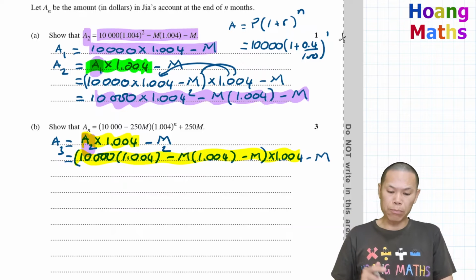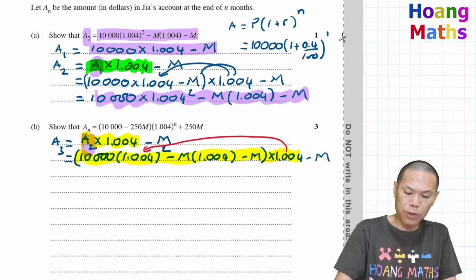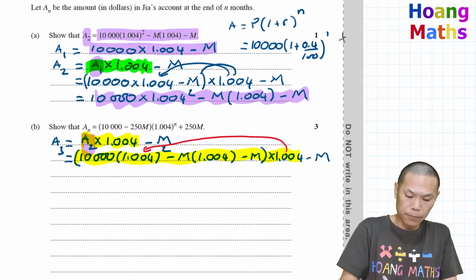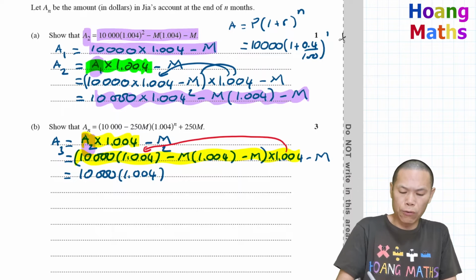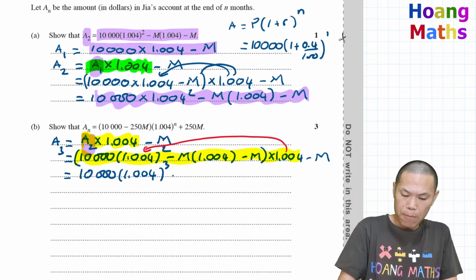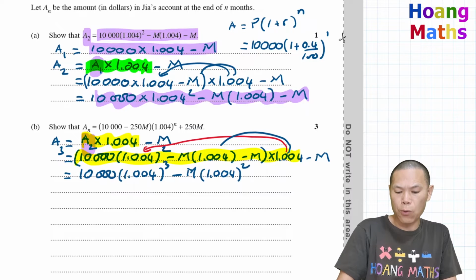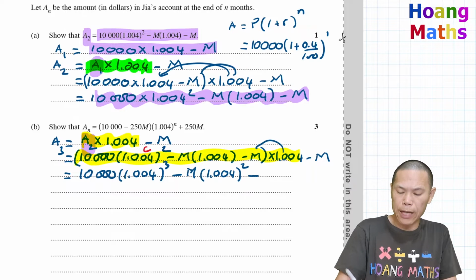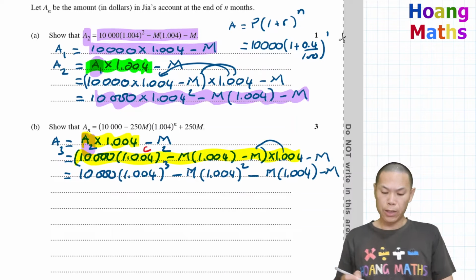Now I just expand the brackets. So what I do, I just go 1.004 times this will give me this. Equal 10,000 times 1.004 squared times 1.004 gives me power 3. Minus, and this times this gives me M times 1.004 squared. We minus, and this time this is M times 1.004 and we minus M. So there you go.